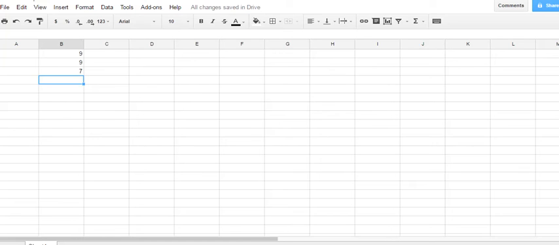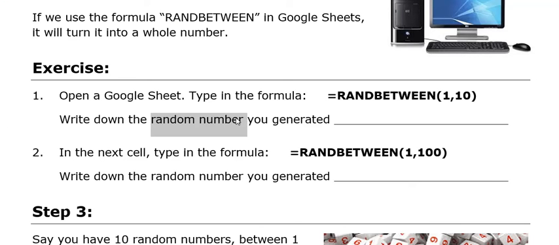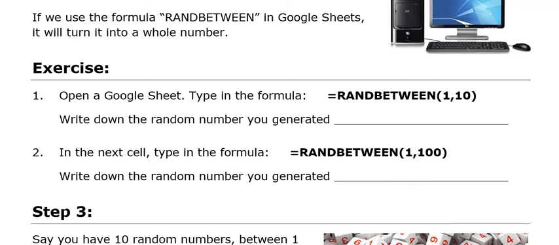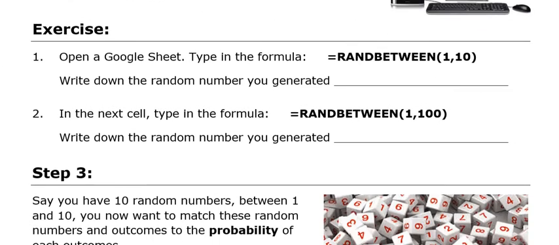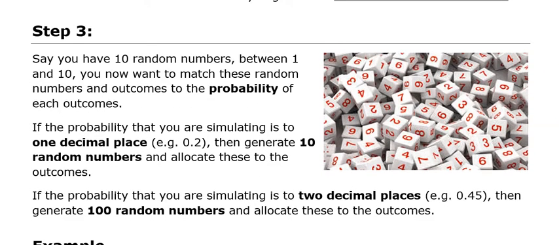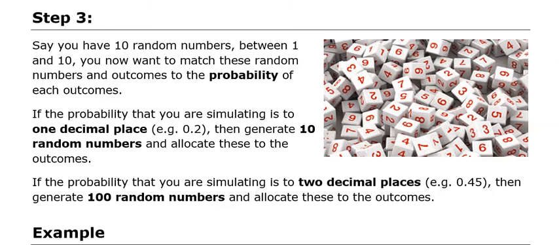So if I flick back to the exercise now, I want you to try these two: RANDBETWEEN 1 and 10, and RANDBETWEEN 1 and 100. Okay, so that's the exercise. Once you've done that, come back to this video, and now we're going to have a look at step 3. Say I have 10 random numbers, numbers between 1 and 10.